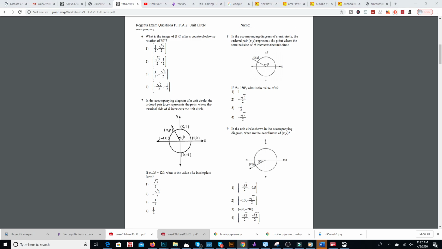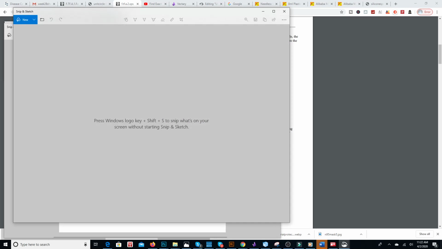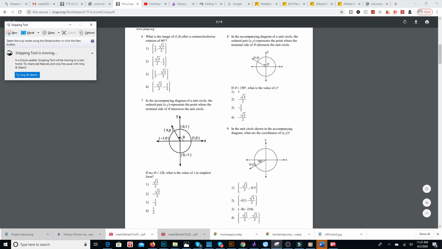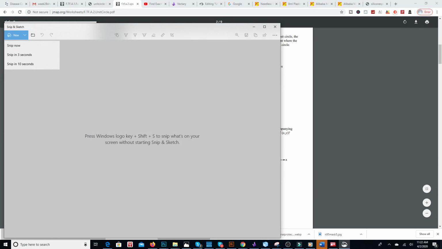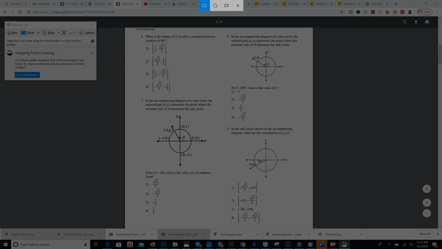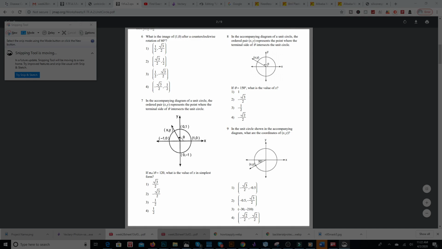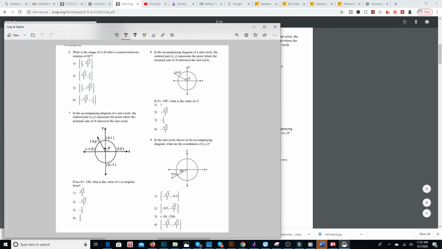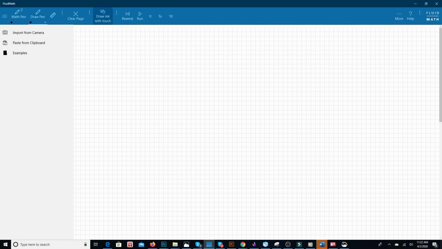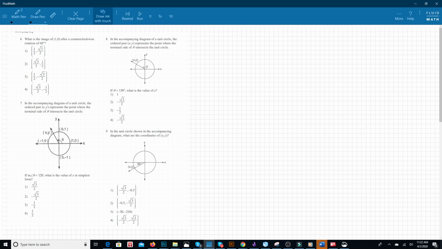So I'm gonna go to the snippet tool, new snip, and select from 6 right here. There we go. Then I'm gonna go to here and put some more. And we can continue right here, all right, keeping in mind the unit circle. Okay.